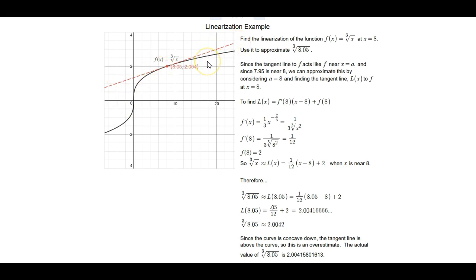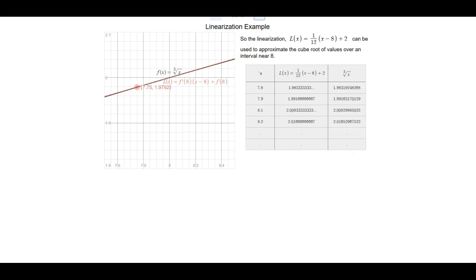This means that my approximation from the tangent line is actually an overestimate of the real value of the cube root of 8.05. If you find the real cube root of 8.05 from a calculator, you get this number, rounded to many decimal places. So you can see that this is a little bit of an overestimate.